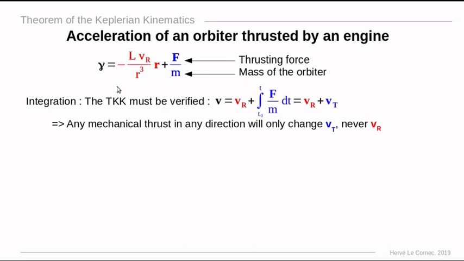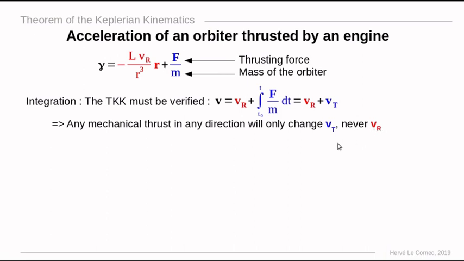We already know that the integration of the gravitational acceleration leads to the rotation velocity. So the integral here must be equal to the translation velocity only. And we conclude that any mechanical thrust in any direction will only change the translation velocity, but never the rotation velocity.